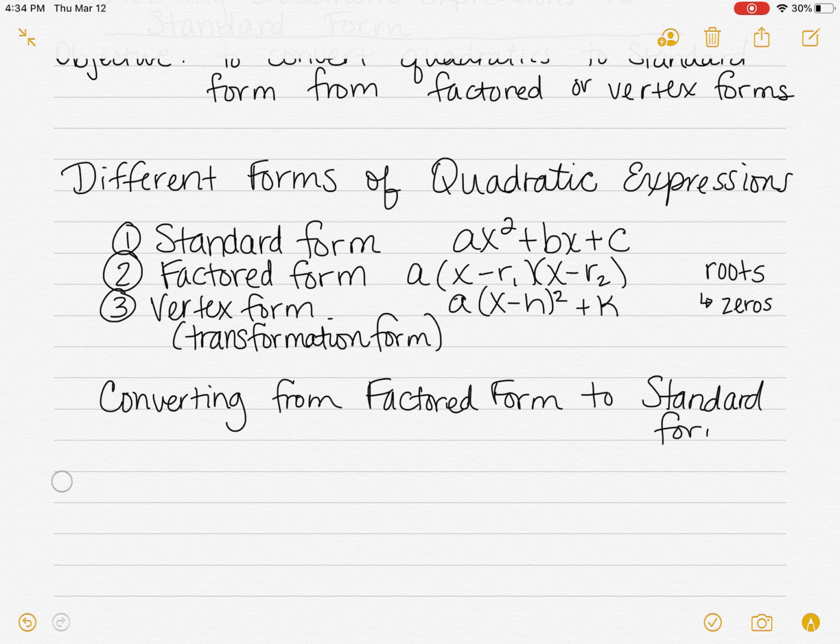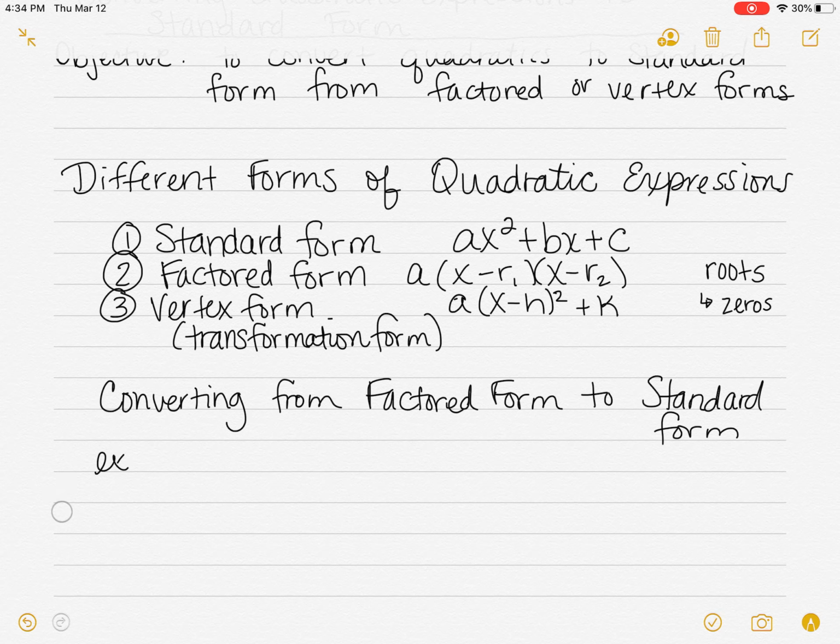We are only going to convert to standard form today, so we're going to go factored to standard and vertex to standard. That's because we're going to learn later on how to go from standard form to those other 2 forms, depending on what it is we want to identify from that equation.